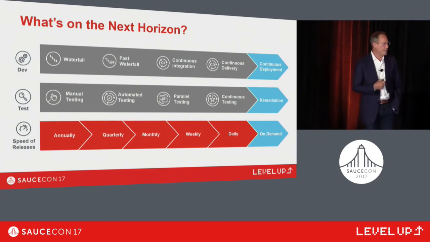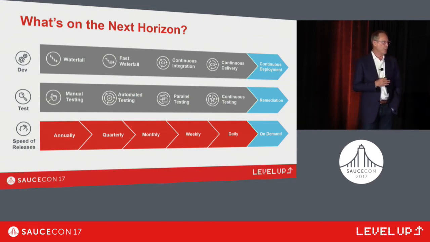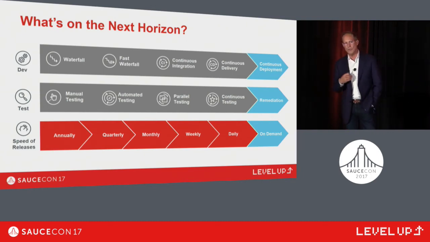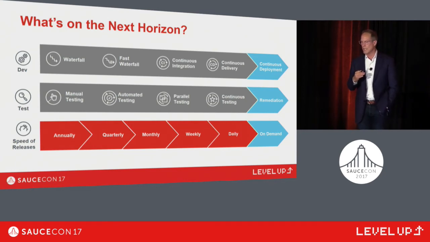Continuous integration and continuous delivery, they're really starting to use parallel processing so that they can do their testing much more rapidly. Continuous deployment is something that some of our customers can achieve given their application set. But what that requires is what we call remediation. And remediation to us means being able to identify where tests are failing and identify solutions for them.